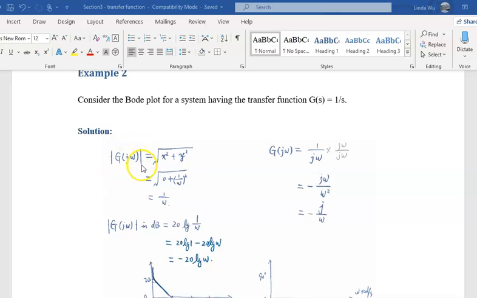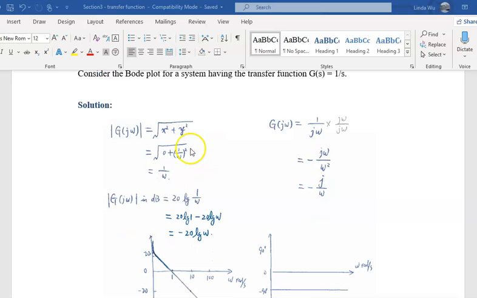Even though this j omega is still here, you can see the expression doesn't have j, so it has x squared plus y squared. That's how we calculate the magnitude in the complex system. So the magnitude doesn't depend on j, only on omega.